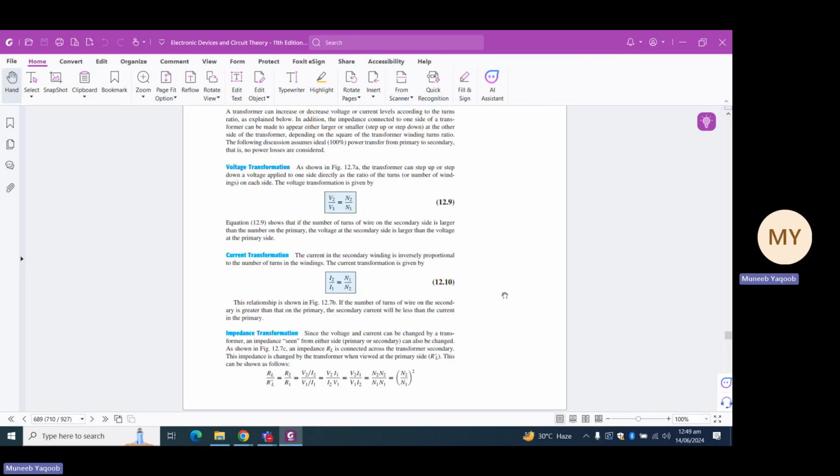Now, for impedance matching, it is very simple.